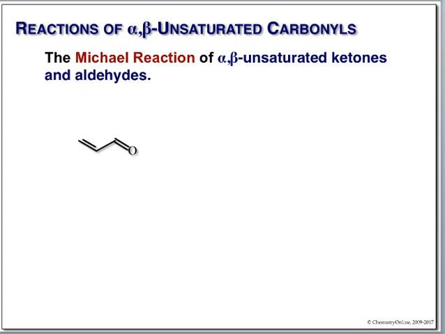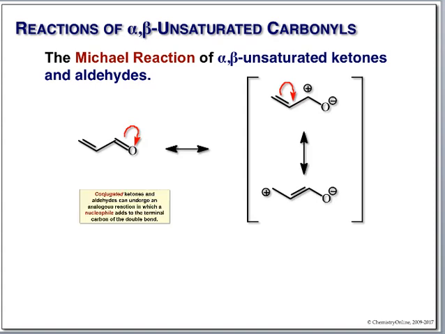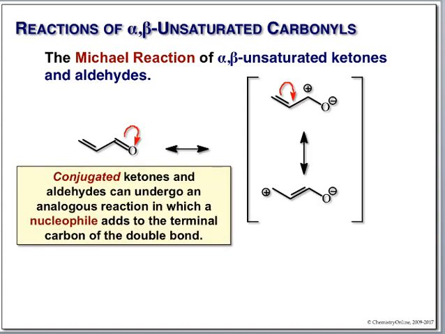That is, our alpha and our beta carbons here. We can form this carbocation, which is stabilized this way. This is our enolate anion as a zwitterion, the oxyanion and the carbocation.